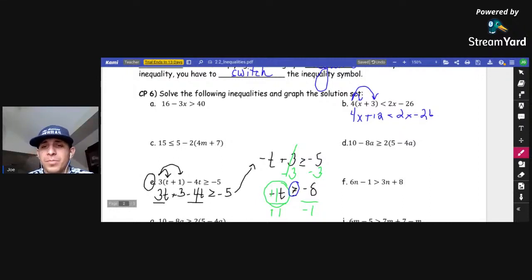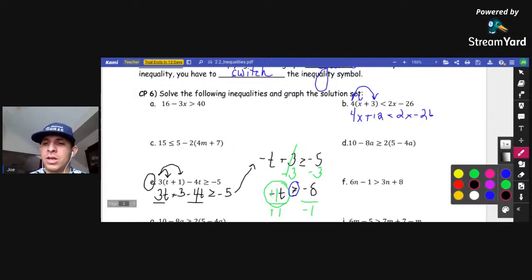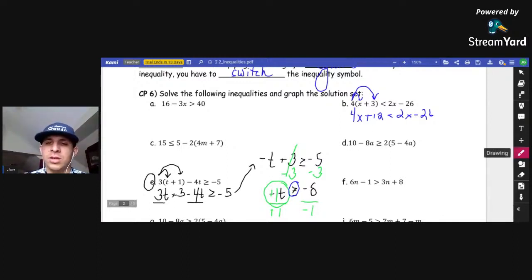Okay? So I'll start with the variable. Personal preference, if you've watched the linear equations videos, is that I like to make sure that my variables are on the left side of the inequality. That's just me. You are more than welcome to do as you please, but I'm going to take this 2x and subtract it because it is currently positive from the 4x.